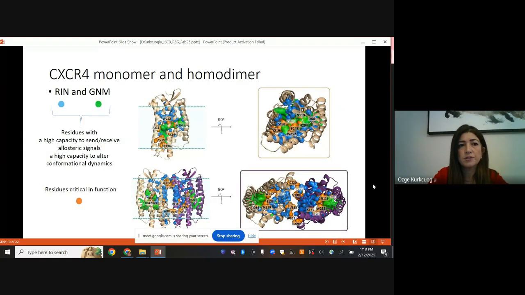As CXCR4 can be observed in monomeric and dimeric forms, we investigated both structures. First, we used the network models to identify the residues with a high ability to send and receive the allosteric signals, as well as to alter the conformational dynamics of the receptor. Among these residues, we also noted residues critical in function.